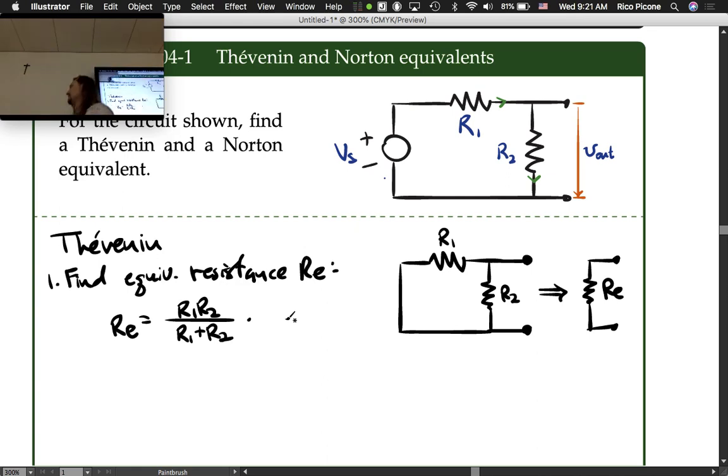Notice that this is something that is a little subtle. So these resistors, when we first looked at them, they were in series, right? Well, they were in series originally, when we had the voltage source in there. But then we set the voltage source to 0, and we connected these two nodes, right?